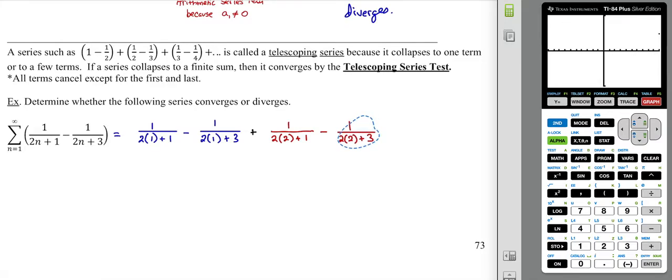Let's just leave it there for a sec. We'll do more with it in a minute, but let's just see where this is going to bring us. So 1 over 2 plus 1 is 3, so 1/3, minus 1 over 2 plus 3 is 5, plus 1 over 4 plus 1 is 5, minus 1 over 4 plus 3 is 7.